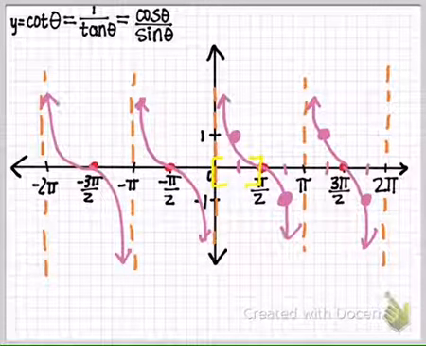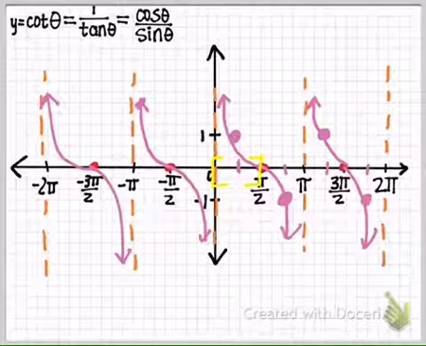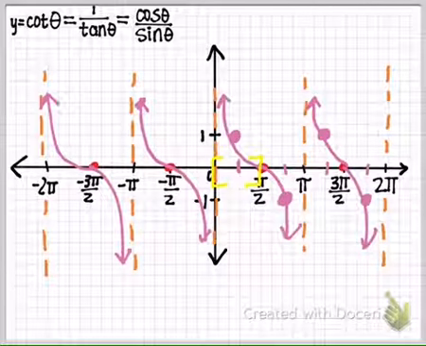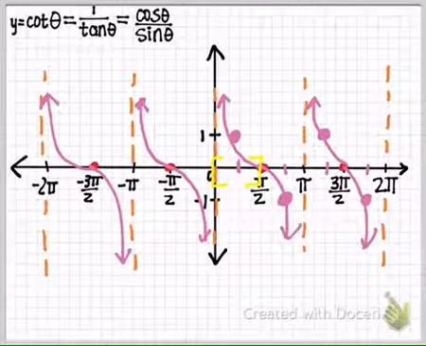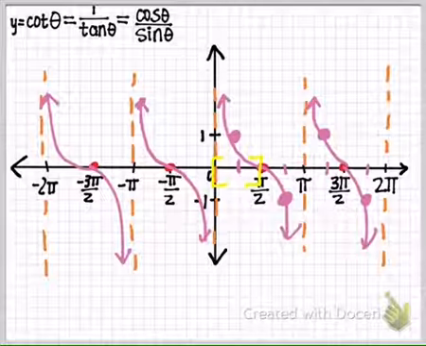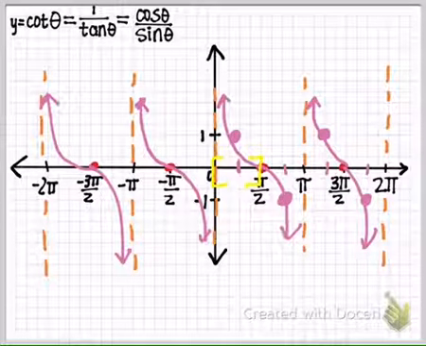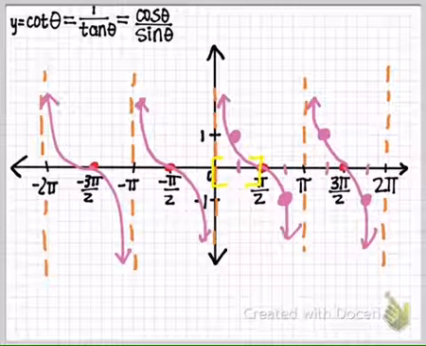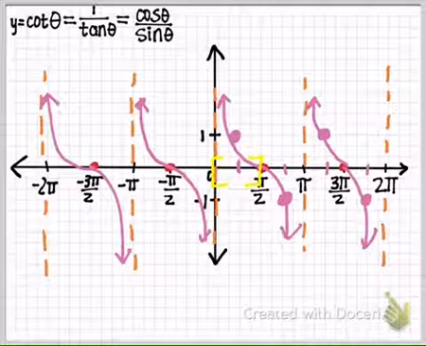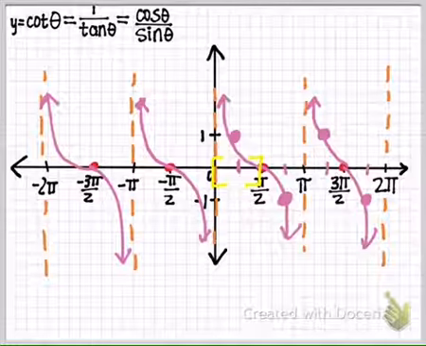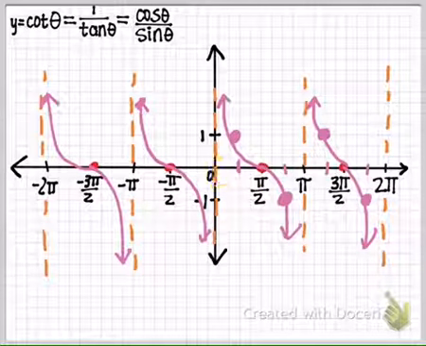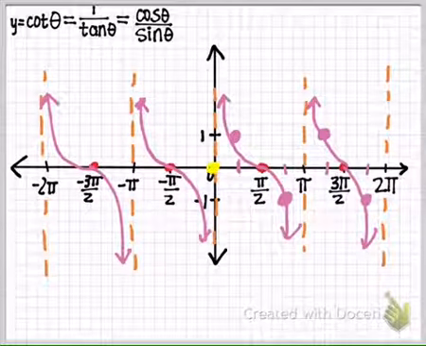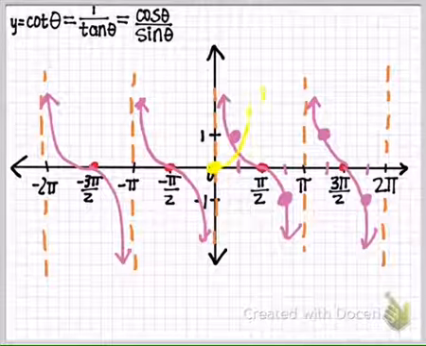They're both positive in quadrant 1. If you look at your tangent graph, it's positive in this area, but it looks like it's going up, while in cotangent my graph looks like it's going downward. I'm going to draw tangent in yellow in a second. Tangent has a 0 right there, it's going up, and then it hits an asymptote.